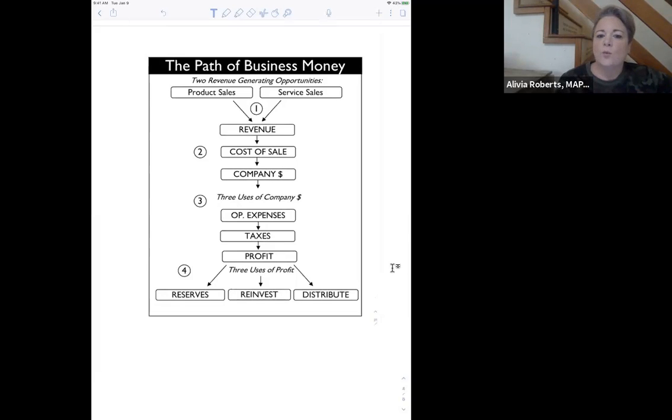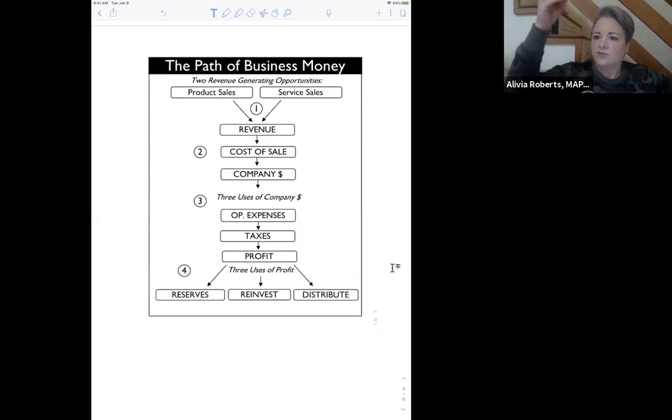So one of the things that I'm going to advise everybody is to take this form and also the path of personal money that we showed last week, and maybe print them out, put them up somewhere, and get familiar with the path of money for personal and business. And we know, right, clarity brings power. Getting familiar is going to start that process. That's one of the reasons that I keep going back and go to Profit Camp, right?